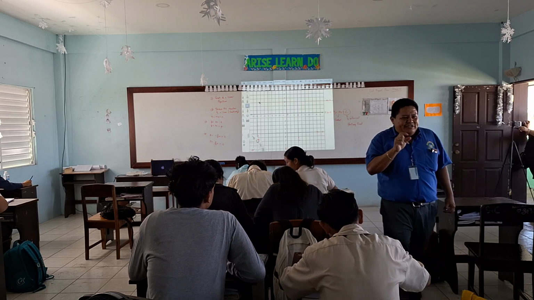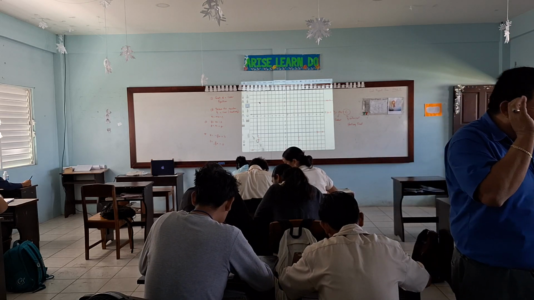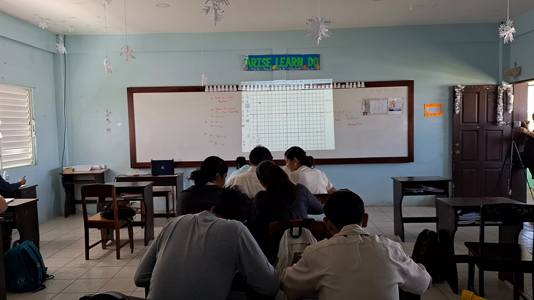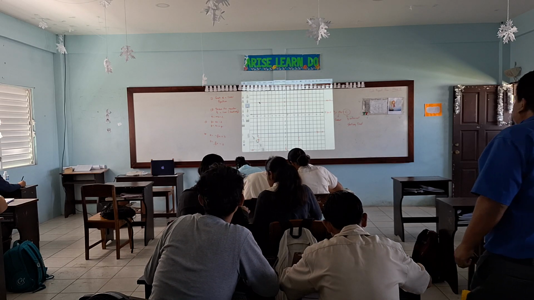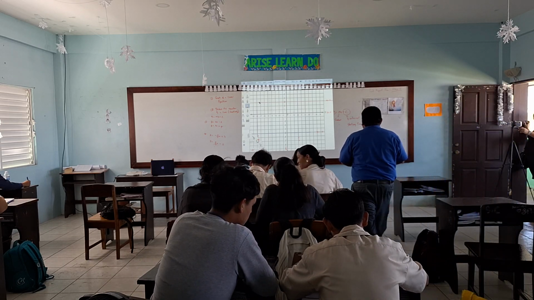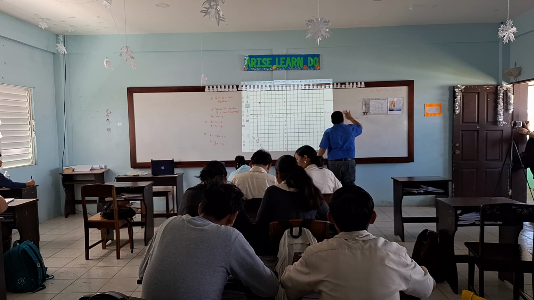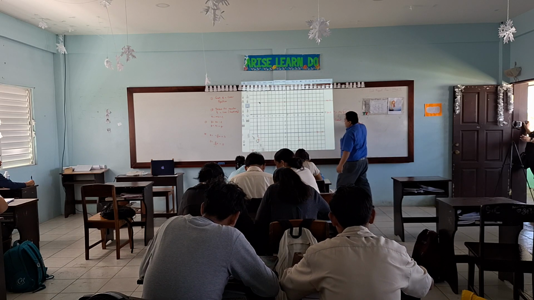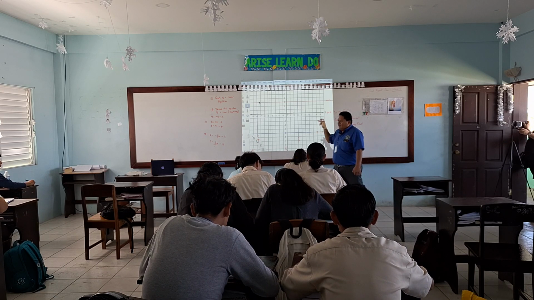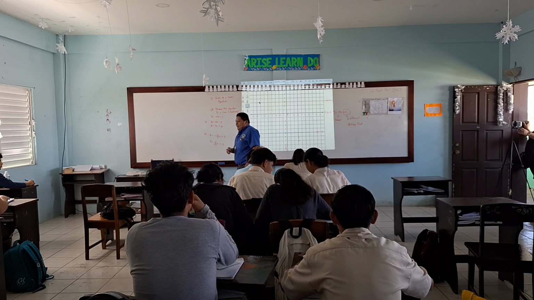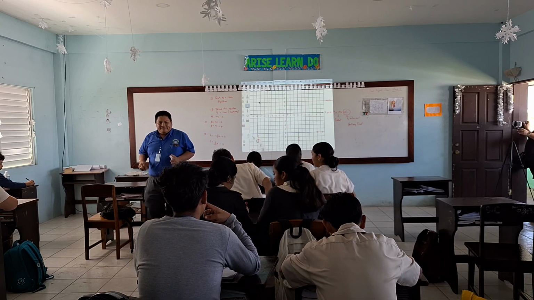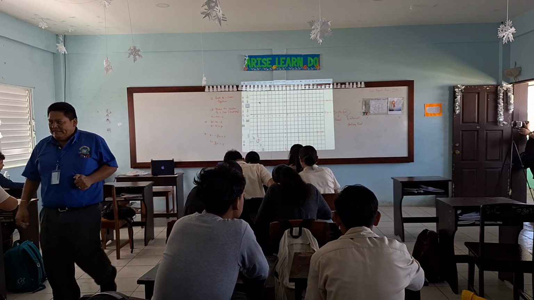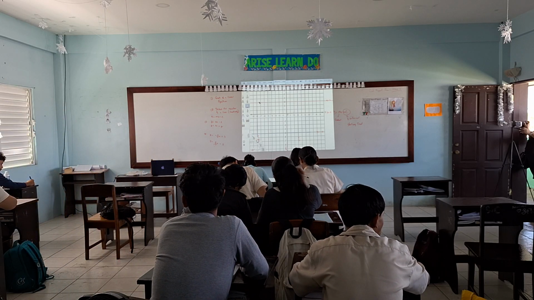Alright, so go ahead in your Cartesian plane and identify the starting point. And notice I'm circling the sign as well. Plus. So if it's negative, then you know where it will be going in the Cartesian plane. So your first point will start.